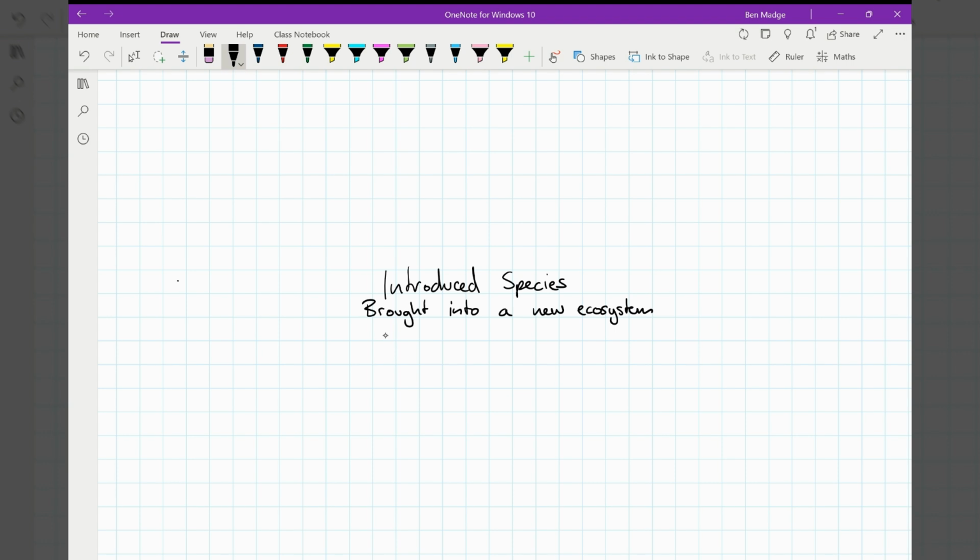And this could be on purpose, for example, for a biological control. So farmers have brought it there to eat a pest or something like that, and it goes a little bit wrong, or by accident.